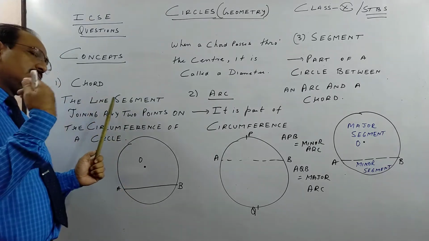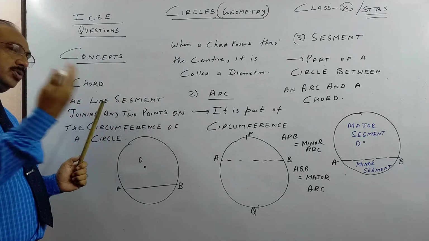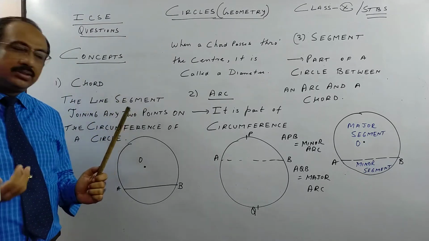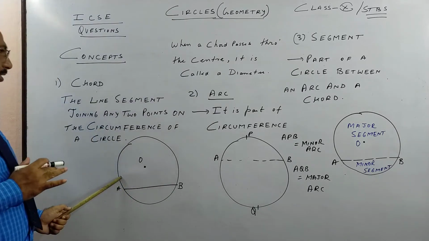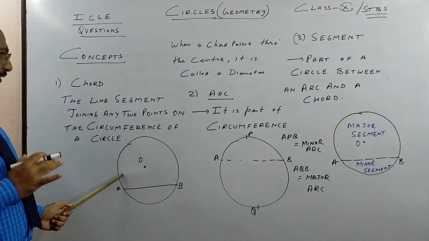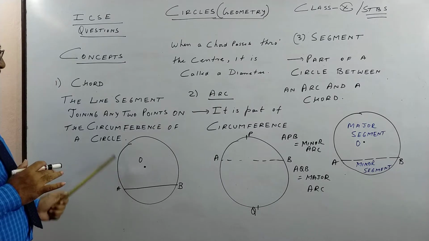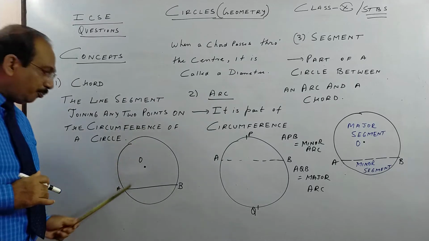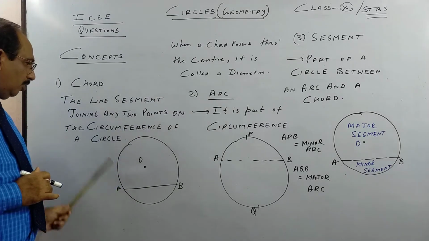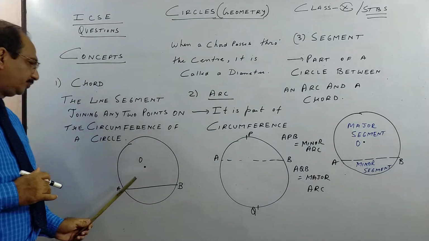Children, a line goes endlessly in both directions. So line segment means fixed length. So chord is a fixed length line, called a line segment, joining any 2 points on the circumference of the circle.